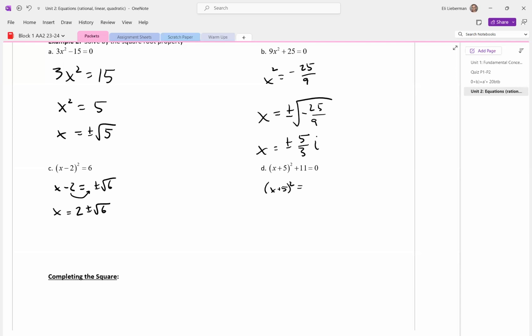Okay. Just positive I root 11? Remember, every number has 2 square roots. Yes, we need plus or minus. Oh, so you put the I in front. Ah, not a risk taker. I don't blame you one bit.